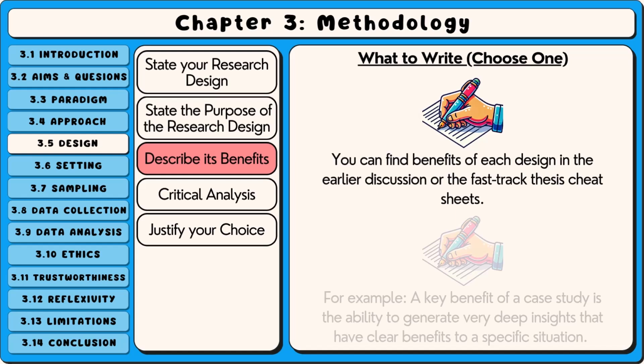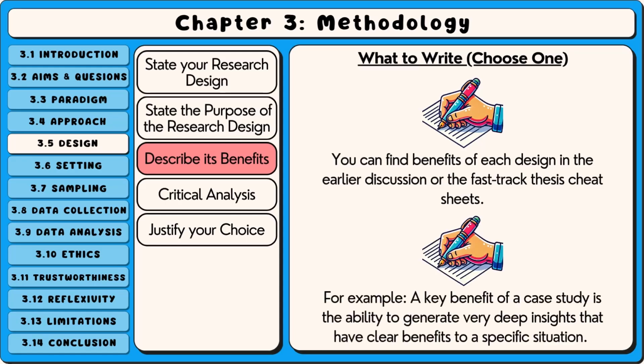Next, describe your design's benefits. I've briefly discussed some of the benefits of each of the designs in this video, or you can use the fast-track cheat sheets, which go into far more depth about each design's benefits and provide relevant references that you can cite. As an example, a key benefit of the case study design is the ability to generate very deep insights that have clear benefits to a specific, interesting, or revealing case.